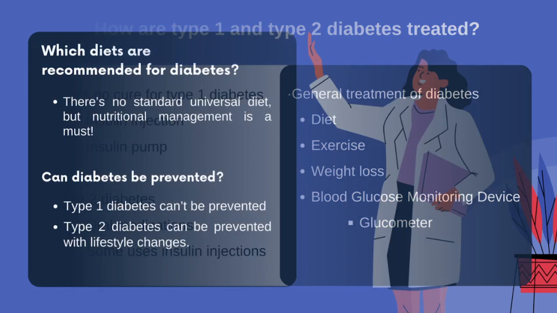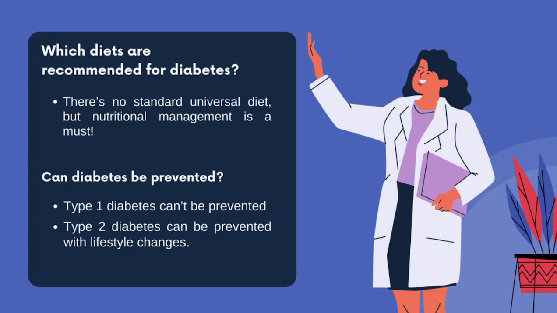So, next slide. Okay. So, in terms of what diets are recommended for a diabetic person, parang there is no universal diet. Parang it tells you lang, diba, to be mindful of how you eat and to know how your body will respond to certain foods na kinakain mo. So, healthy eating or proper nutritional management talaga is really an important factor for people with diabetes.